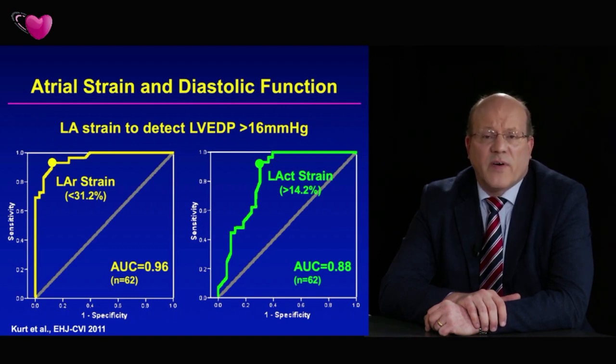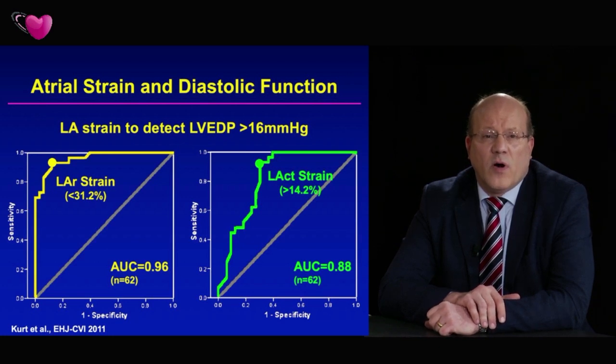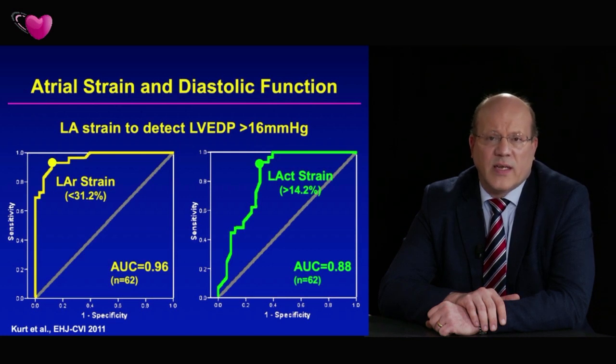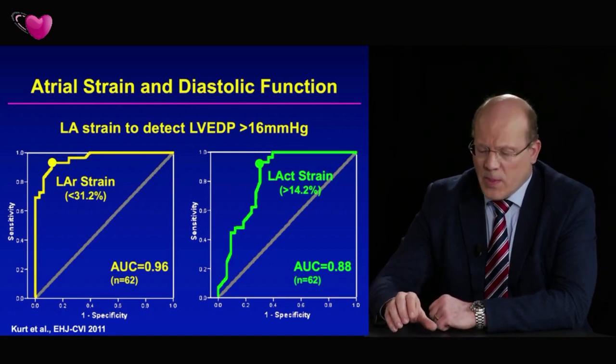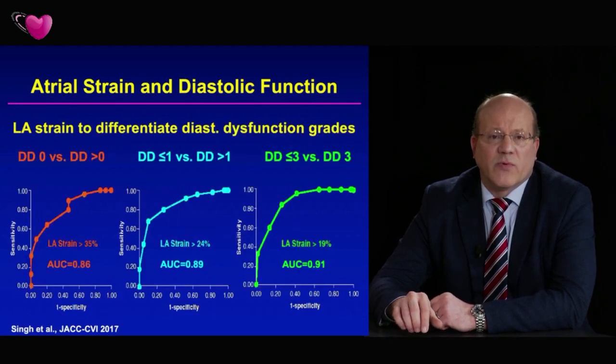Also here they found that there is a meaning in the strain measurements, especially in the left atrial reservoir strain, which you can see on the left. There seemed to be a rather clear cutoff of 31% to distinguish elevated and non-elevated left ventricular filling pressures. That was a smaller study, but nevertheless, it's an interesting result.